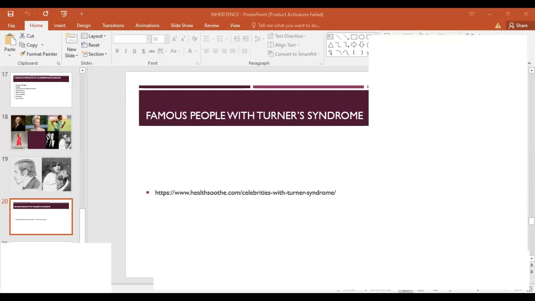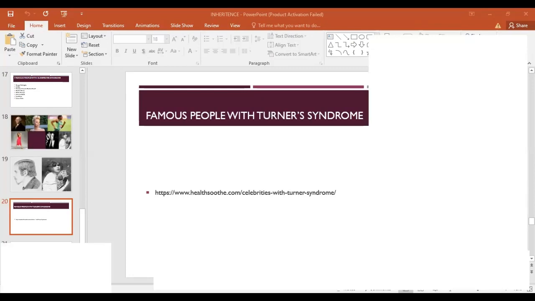And the Scottish actress Janette Cranky. You can clearly see that she is showing the Turner syndrome. And the American singer and actress Nicole Scherzinger and Natalie Gulbis, who is a famous professional golfer from the United States who was diagnosed with Turner syndrome as a child.